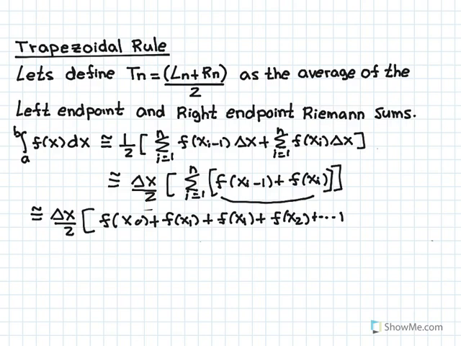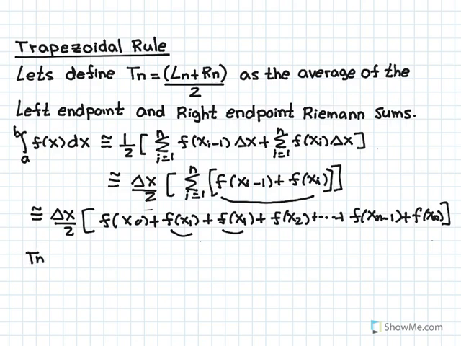And now let's put i equals n, and we get f of x n minus 1 plus f of x n. Now, you will notice that these terms add up twice. We get 2f of x1, 2f of x2, and so on. So let's rewrite that.